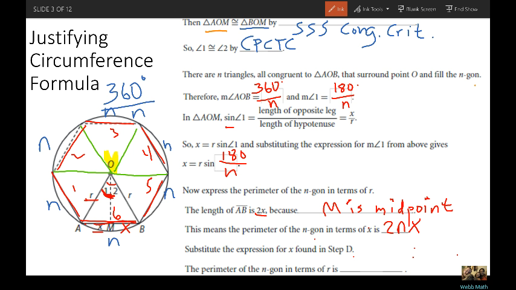So now we're substituting in the expression for x from step D. And step D, in terms of R, is going to be 2, and they're talking about this part right here. Okay, so you're going to have 2n times R of sine of 180 divided by n.